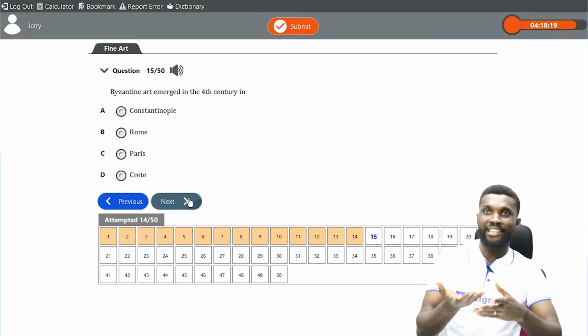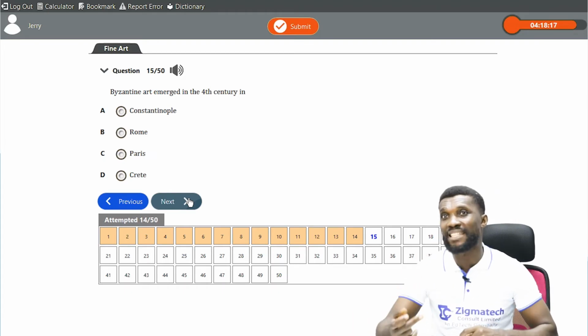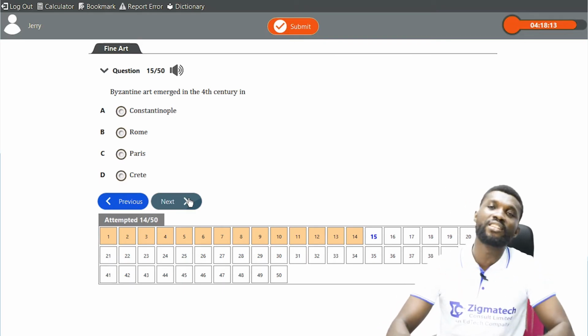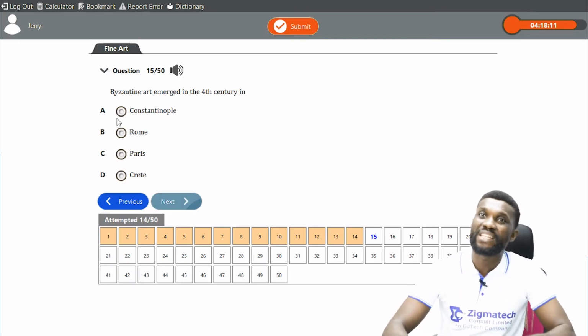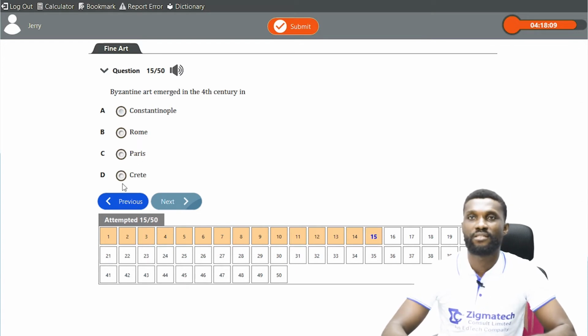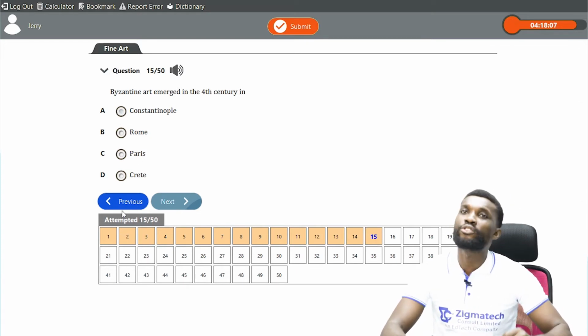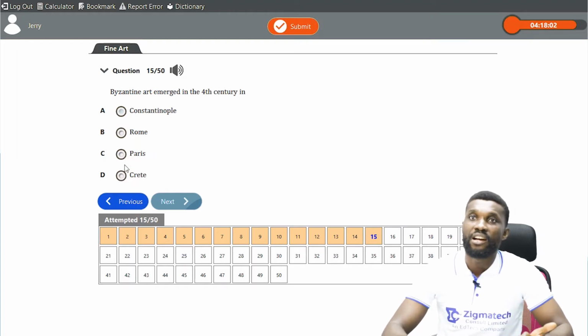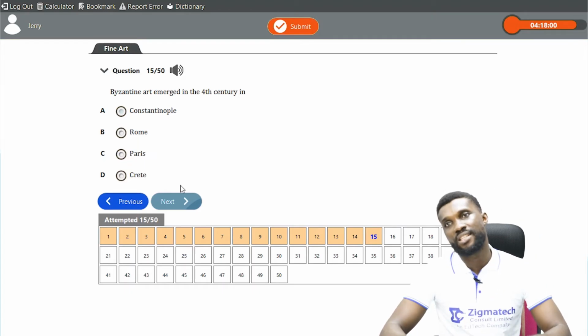For those of you that are Catholic, you can explain this even better. The Byzantine art emerged during the Constantinople. So the answer to this question is A. We have Rome, we have Paris, and we have Crete, but it was during the Constantinople.